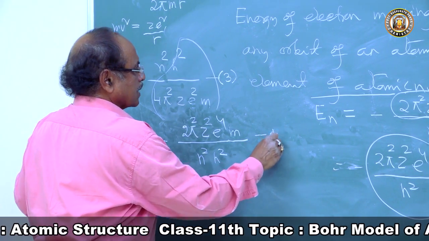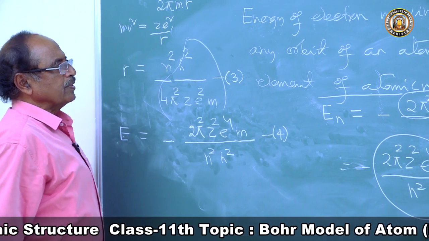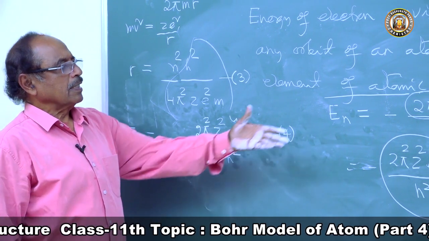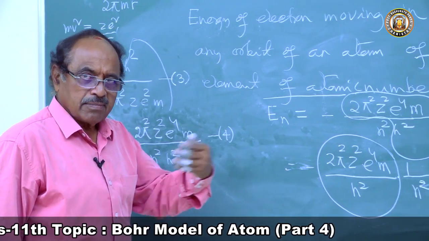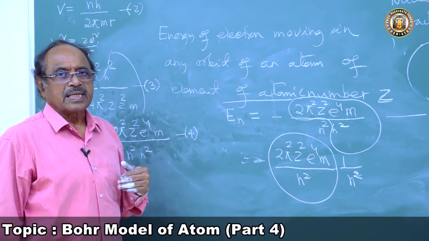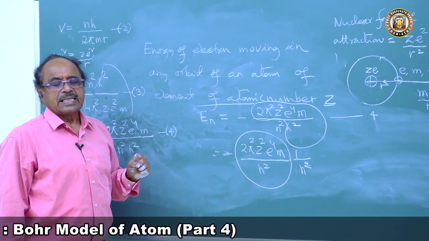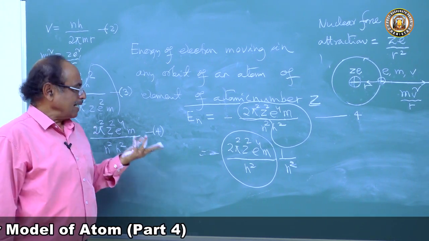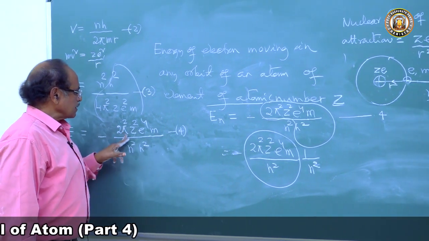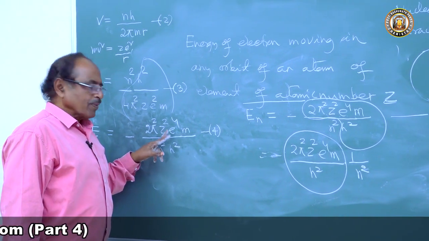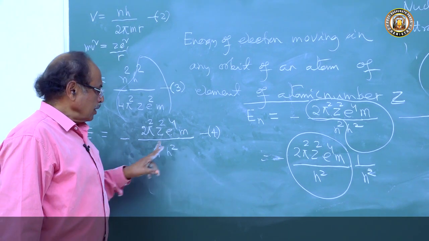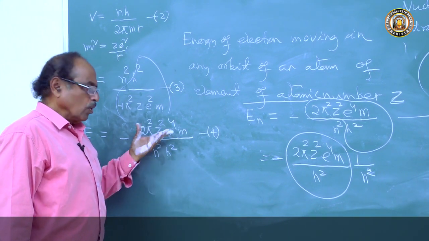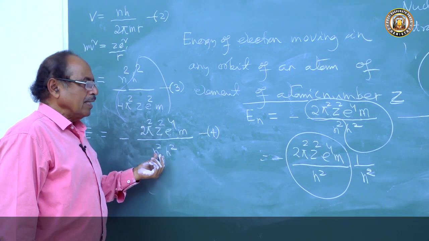I am putting the number here because we will be using these equations in calculating the energy required for the electron jump, the energy the electron will emit during electron jump. All these things we will be calculating, hence I am putting this. So pi, Z is the atomic number, e is the charge of the electron, m is the mass of the electron, h is Planck's constant, all these are constant quantities, and by n square.